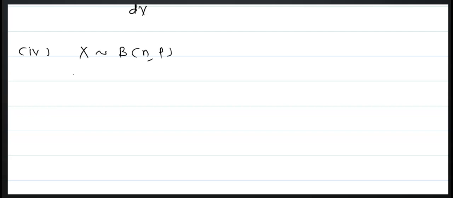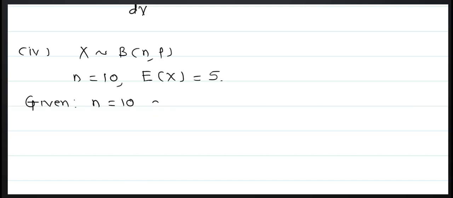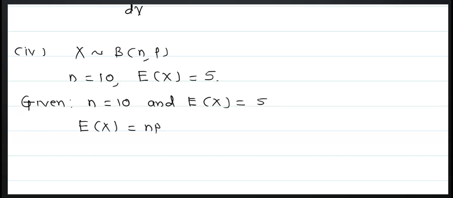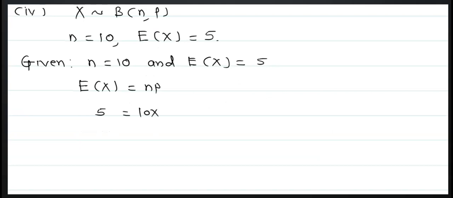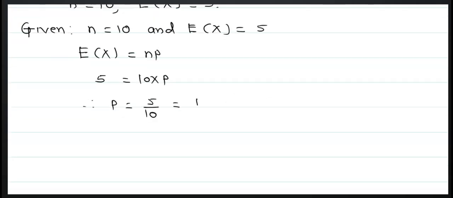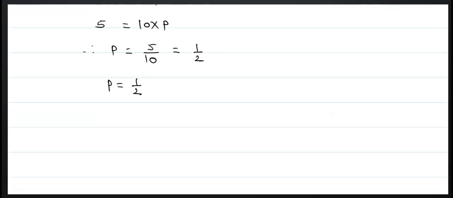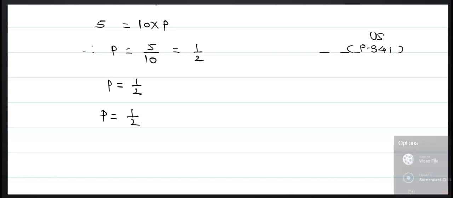We are given that n equals 10 and E of x equals 5. E of x equals np. Substitute the values: 5 equals 10 into p. So p equals 1 upon 2. Therefore, p is equal to 1 upon 2. It is on page number 341.